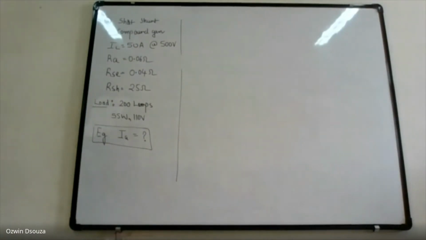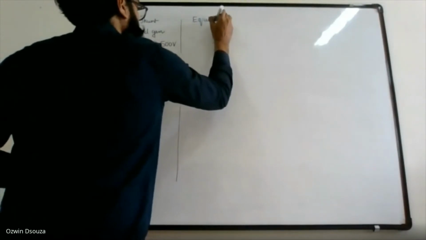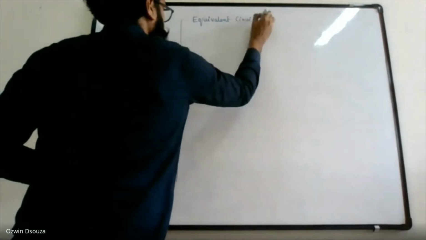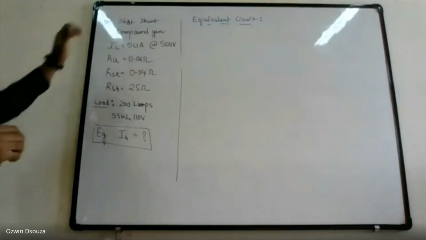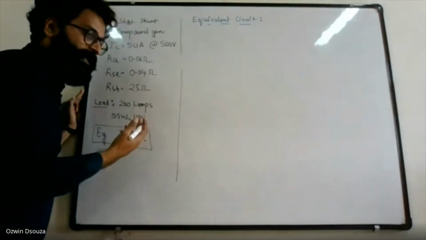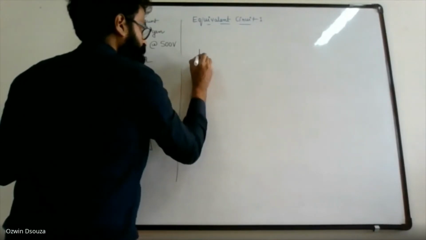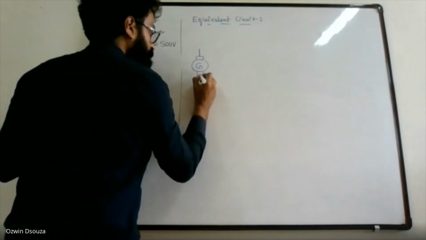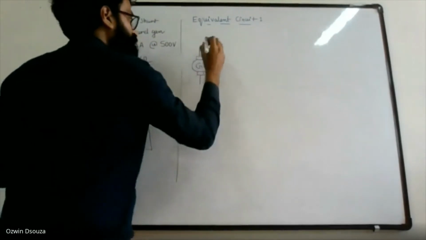So what we can do is quickly construct the equivalent circuit. It's a short shunt compound generator, so accordingly you have to draw this circuit. In case of short shunt, the shunt field winding is placed before the series.